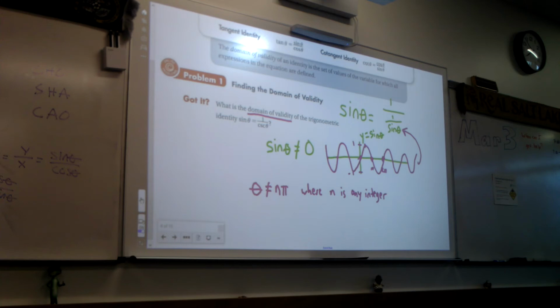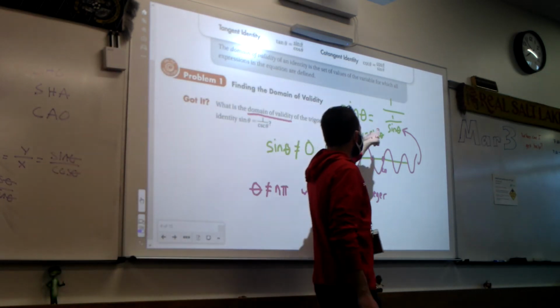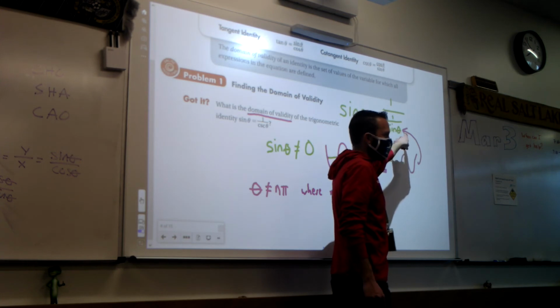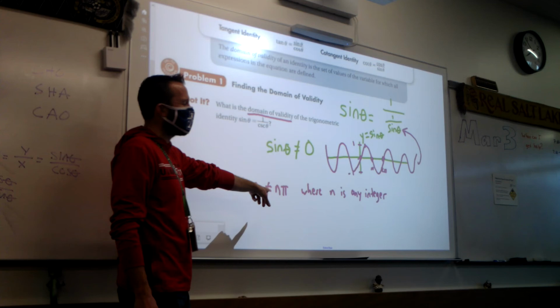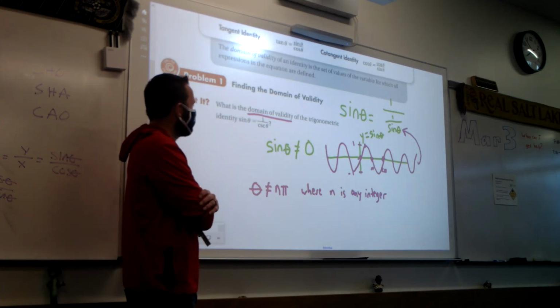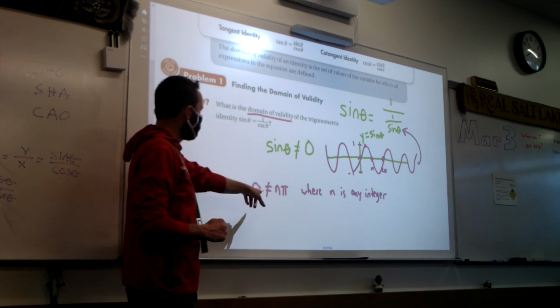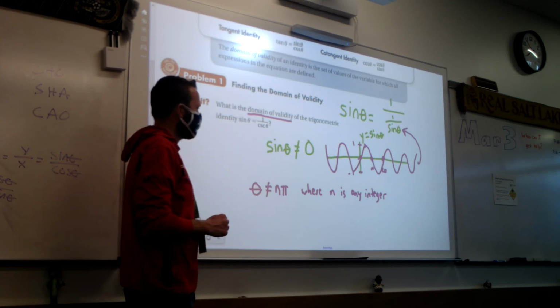Okay, so that was a long answer to an easy question. The question was, when is sine 0? And the answer is any multiple of pi. So basically, guys, as we're going through these trig identities, if it says what's the domain of validity, if we ever see sine in the denominator, what do we need to restrict?